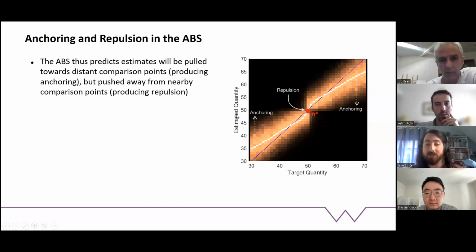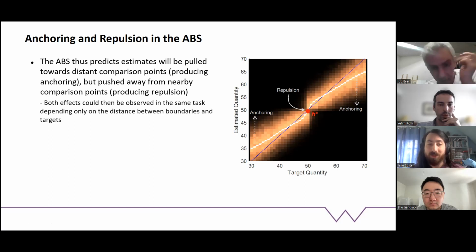And what you can see is at the far edges, we see estimates being pulled up from the blue calibration line at the lower end, and then at the upper end, we have the reverse. And again, that's anchoring because the estimate's being pulled towards this H star point. But at the same time, at the center, these nearby values seem to be pushed away from answers nearby to that boundary. So it is achieving both things purely according to how far the target is from the boundary.